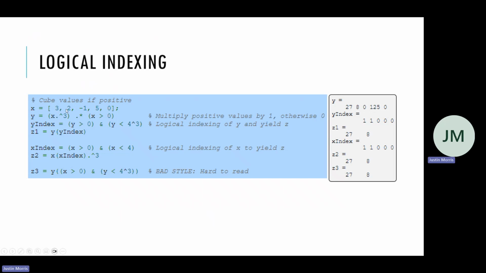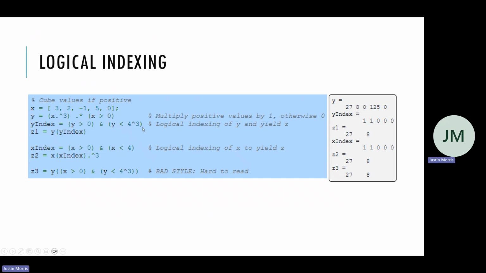So 27, 8, -1, 125, 0. And then this is going to say 1, 1, 0, 1, 0. So when we multiply in the end, it gets 27, 8, and where it was not positive, 0, not positive, 0. Right?